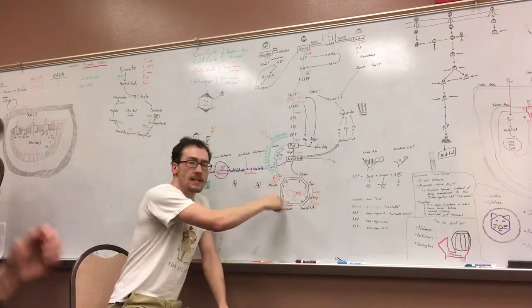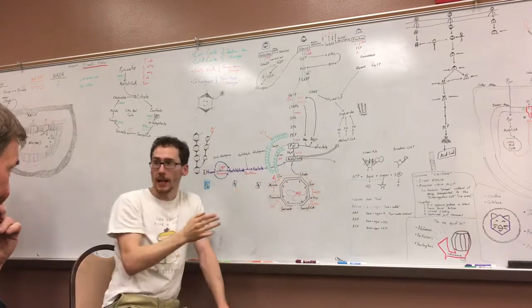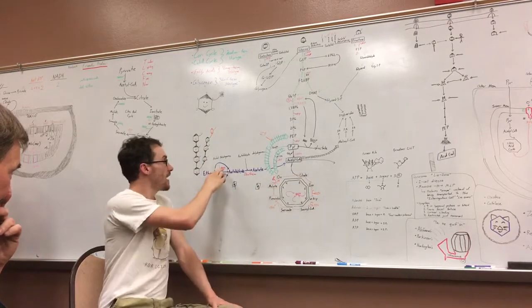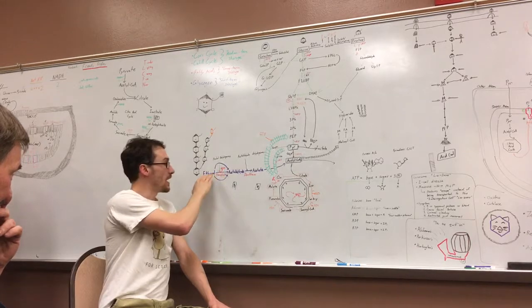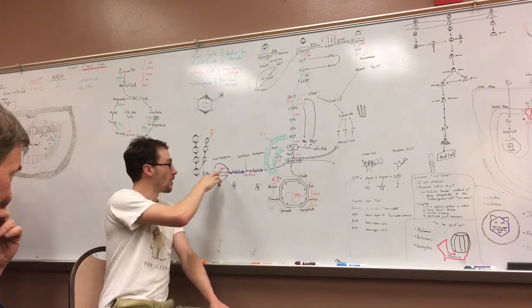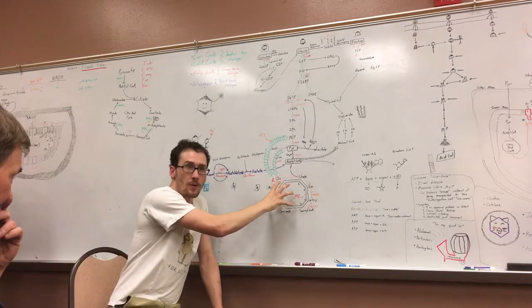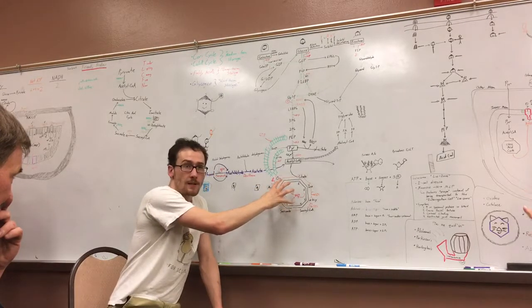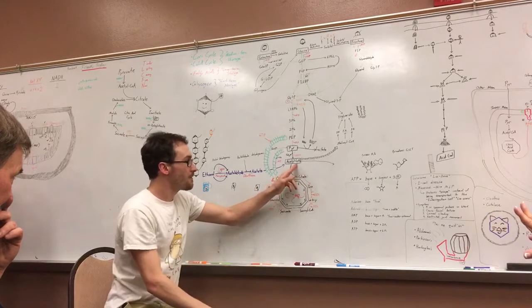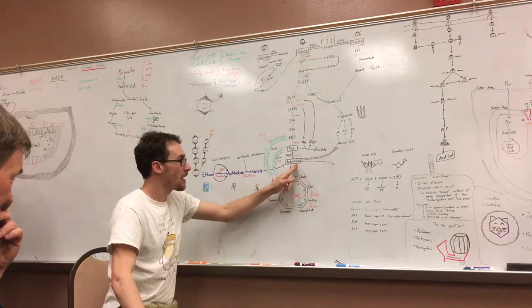The citric acid cycle produces NADH, right? So if there's a lot of NADH compared to NAD+, a high ratio, that's going to slow down the citric acid cycle, which is going to favor acetyl-CoA.